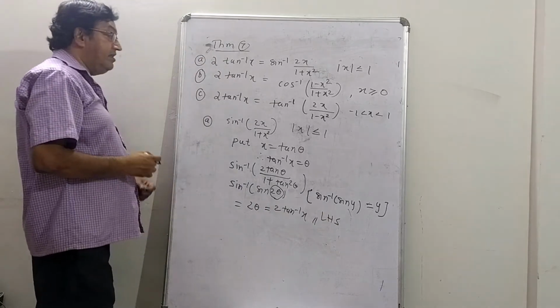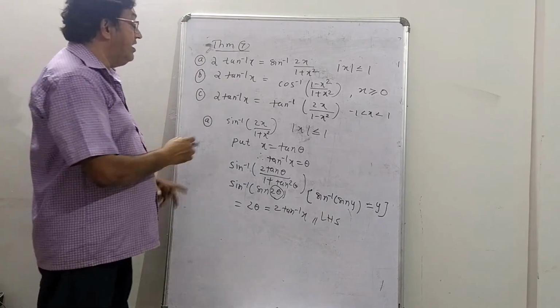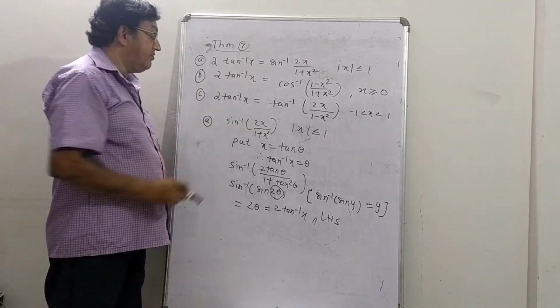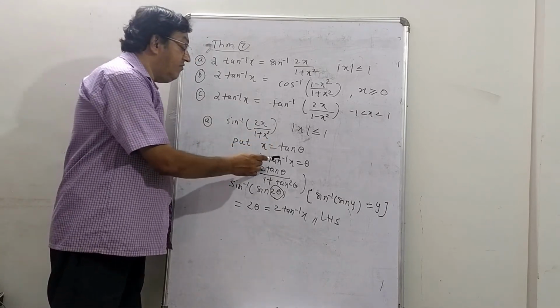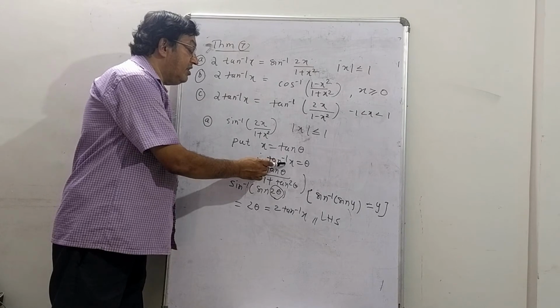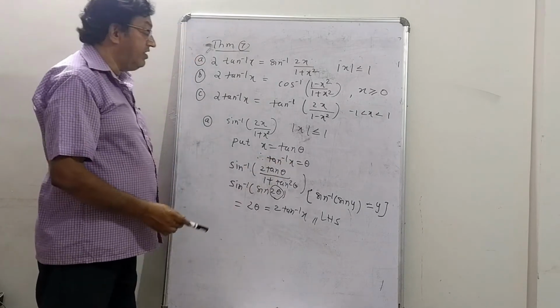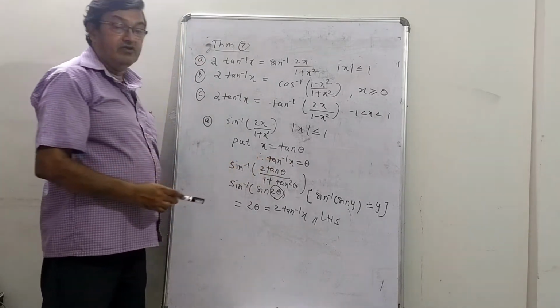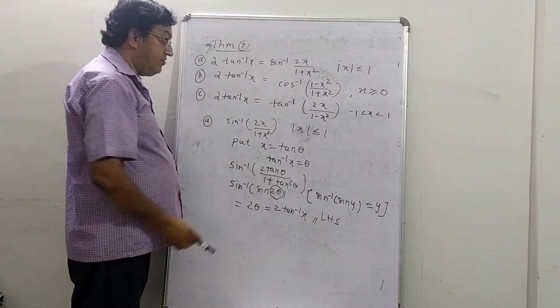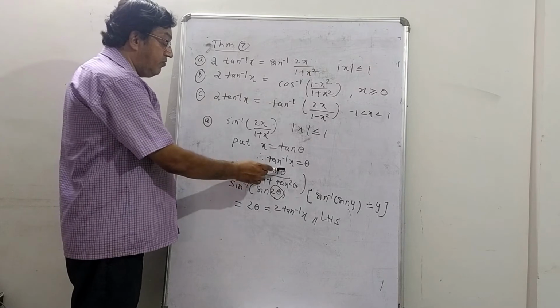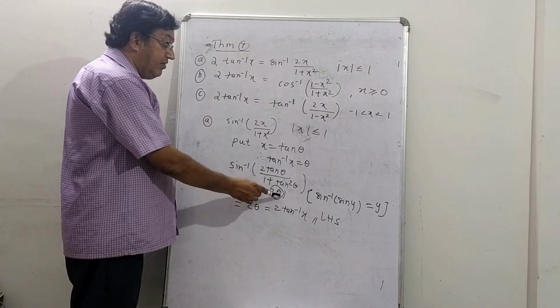So I have taken the right hand side, sin inverse of 2x upon 1 plus x square. I have taken x is equal to tan theta. By definition of inverse trigonometric function, theta equals tan inverse of x. Then this becomes sin inverse of 2 tan upon 1 plus tan square, which is sin 2 theta.